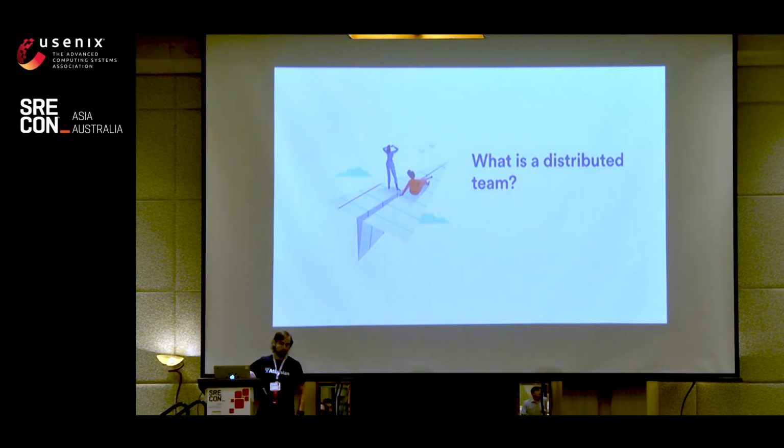So let's go back one bit and understand what is a distributed team. There are many definitions, I think, that you can fall into. It could be as basic as a single worker that's just operating from their home office as part of your distributed team. The more common scenario that I've seen and that I've had experiences in working with are distributed teams where you have 3 to 4 people at multiple sites, usually a 2-site example.